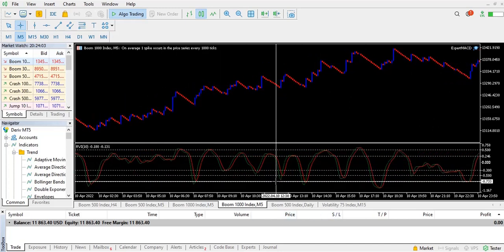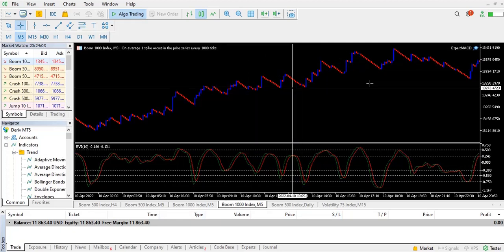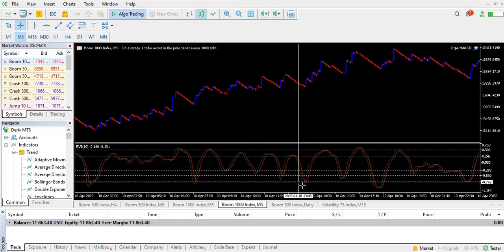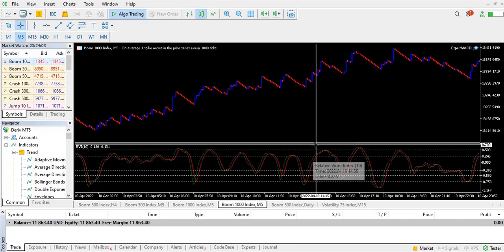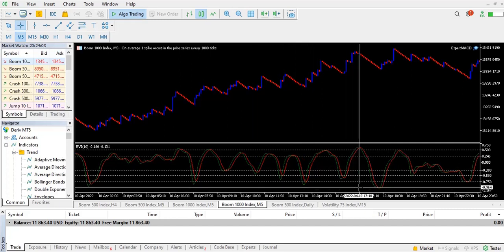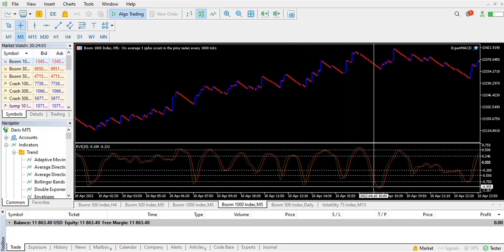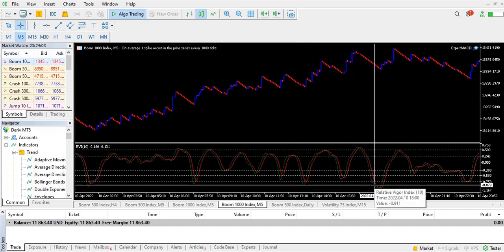This is it. We are still on the uptrend, as you can see. Once it touches 0.750, just enter the market and make your money. Once this red touches the level 750, you wait for it.